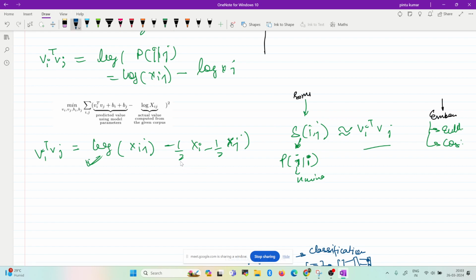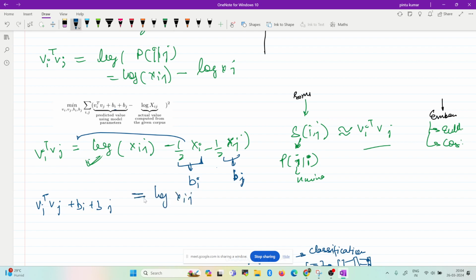Okay, next thing that people have done is that they have replaced this xi and xj by some hyperparameters that they want to learn. So they have replaced this xi by this. If they move this thing to this side, this would be Vi transpose Vj plus Bi plus Bj is equal to log of xij.